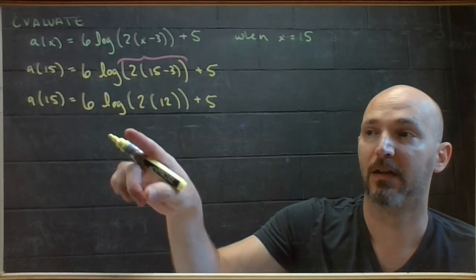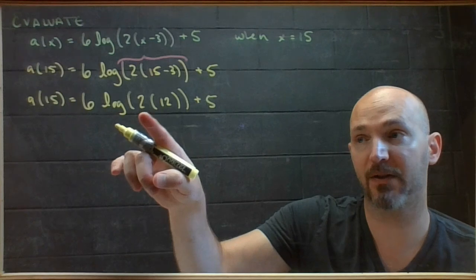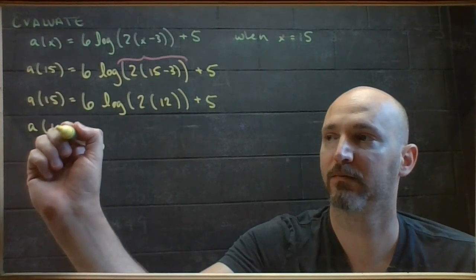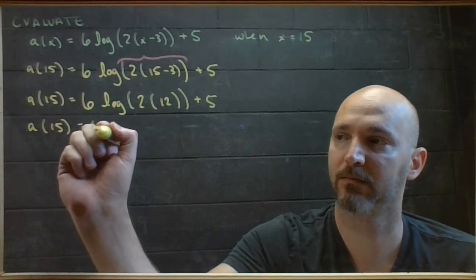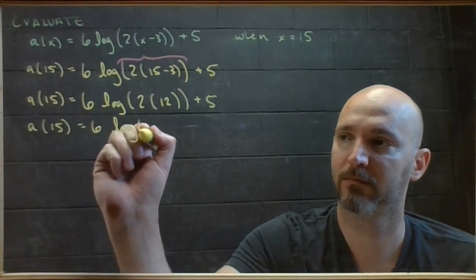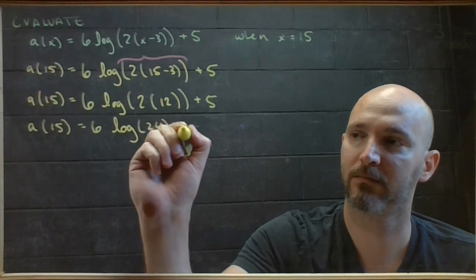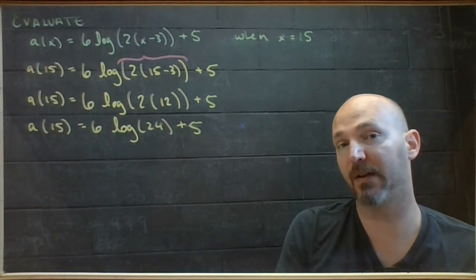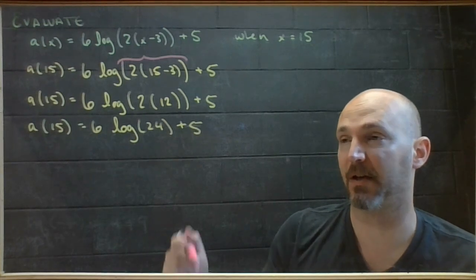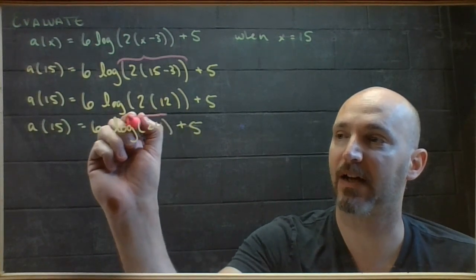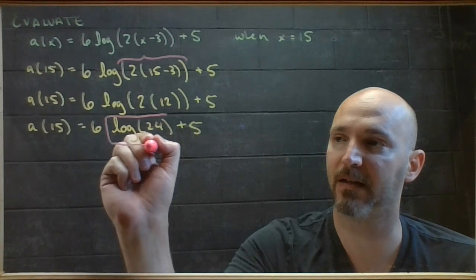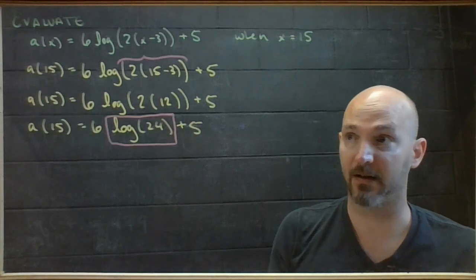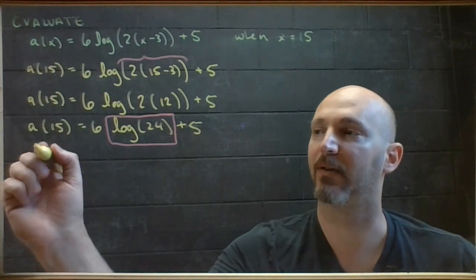All right, and we have to work on this part here. 2 times 12, that's 24. All right, now this thing, I can't do this one in my head because this one doesn't come out cleanly. So I'm going to have to get a calculator, and I'm going to have to type in log 24. But that's not too hard because everyone has a calculator nearby at all times.